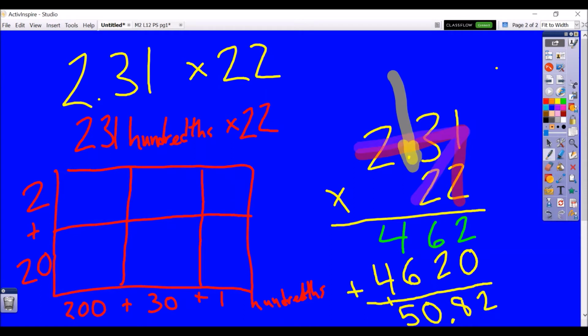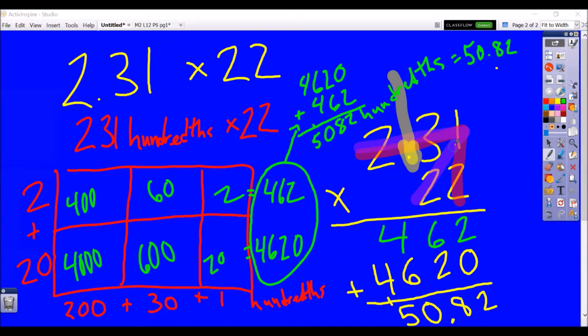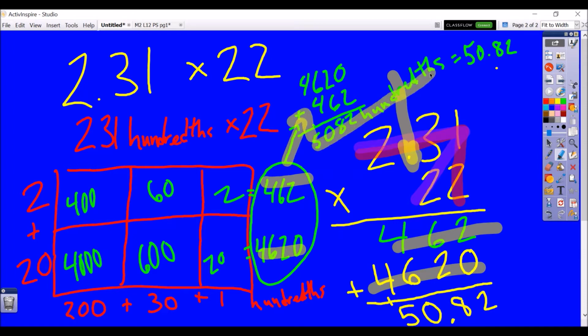Now I'm going to pause my video so that I can finish the area model so that other people can check their work over there. All right, you can see that now we have the area model completed, that our partial products were exactly the same as our standard algorithm. So I knew I was correct. But just to finish the work, I stacked and add them, showed my hundredths, and then showed the conversion back into standard form.